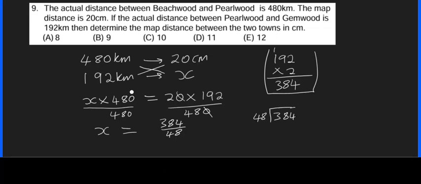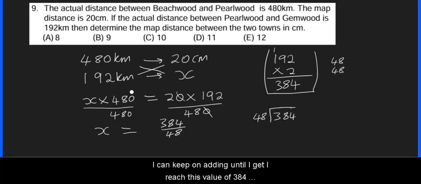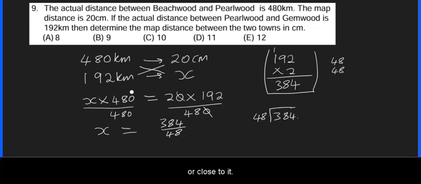Not really. So what am I going to do? It's simple. I can add 48 plus 48 and see what I get. I can keep on adding until I reach this value of 384 or close to it. So let's try that and see what we get.